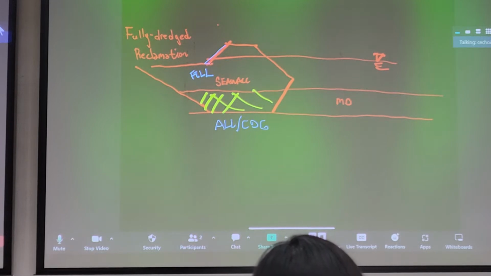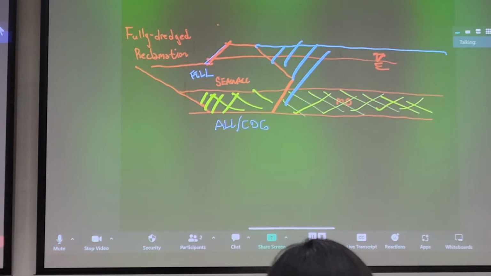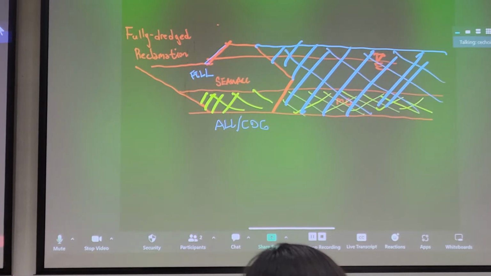Now, fully dredged also means we have to remove anything inside here, and then we, of course, fill all of this up with sand or some sort of fill material. Now, the question is, will this sand settle? Yes, it'll also consolidate to some degree, but the time required to consolidate fill material is much shorter than that of marine deposits with a much lower permeability.